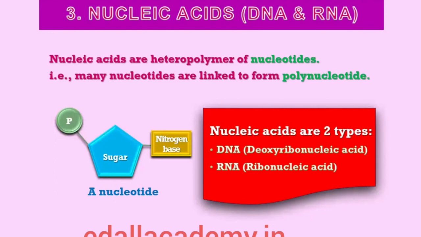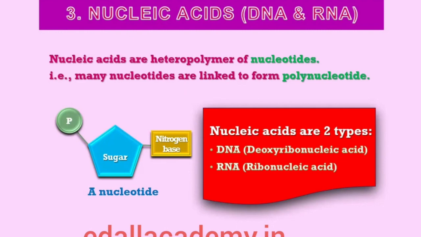The heterocyclic compounds in nucleic acids are the nitrogenous bases named adenine, guanine, uracil, cytosine, and thymine. Adenine and guanine are the substituted purines, while the rest are substituted pyrimidines. The sugar found in the polynucleotide is either ribose, that is monosaccharide pentose, or 2-deoxyribose.